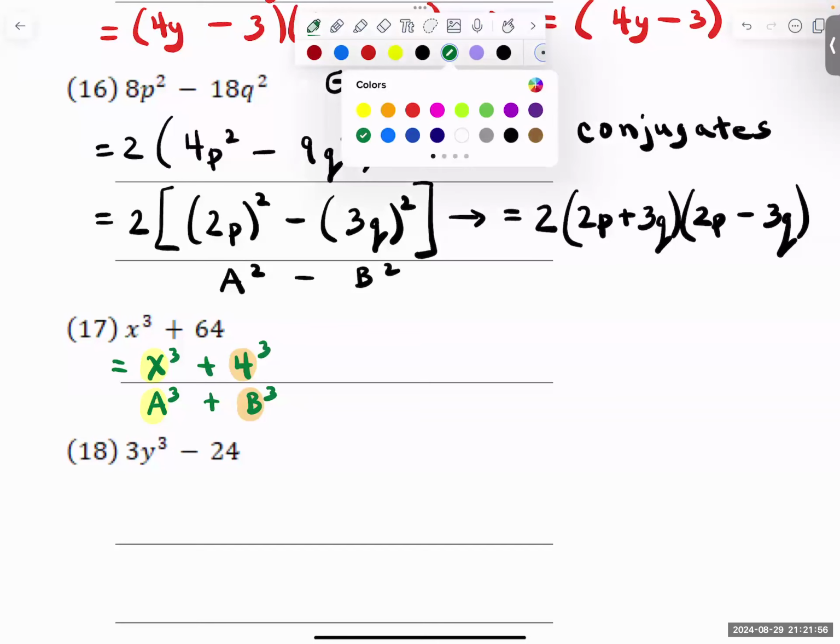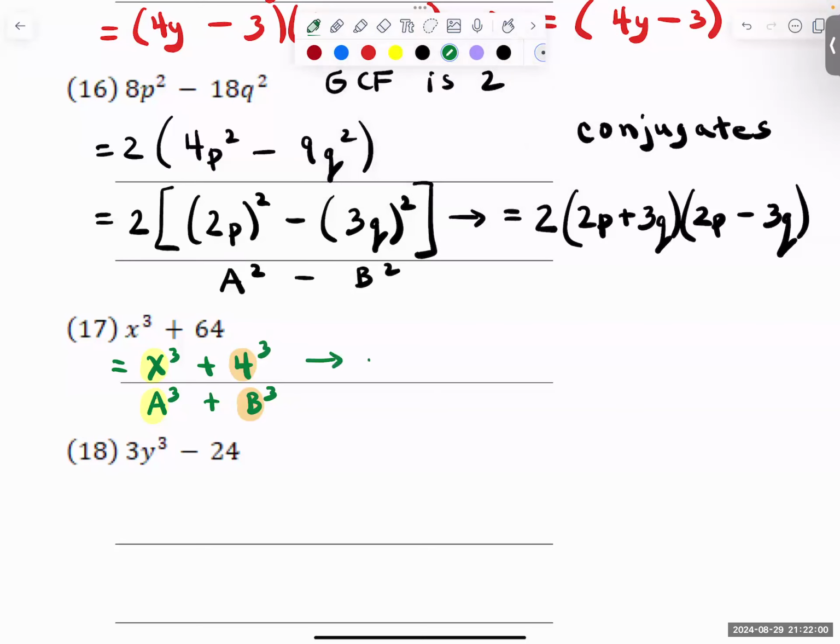So the factoring formula for the sum of cubes, let's write it underneath. Since it's a sum, it starts off with a binomial sum times a trinomial, a squared, then opposite sign, minus a times b plus b squared.